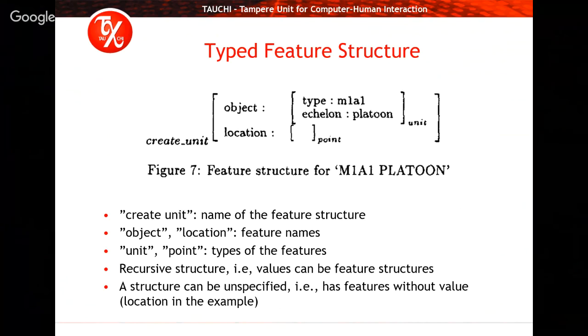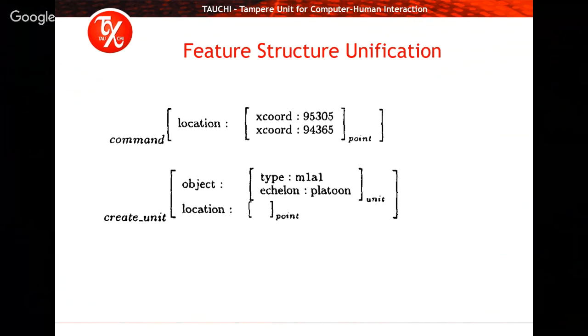And the basic idea is that using these feature structures, the different commands and different inputs are modeled. So here, what you might have in the beginning, okay, the user has said, create here a tank platoon. So this is speech.